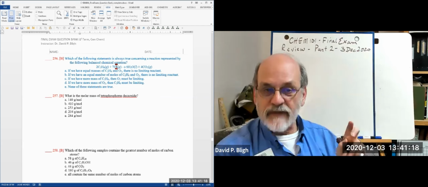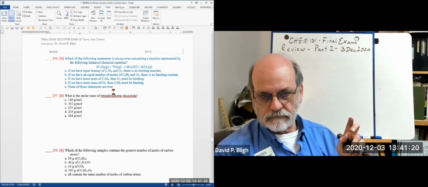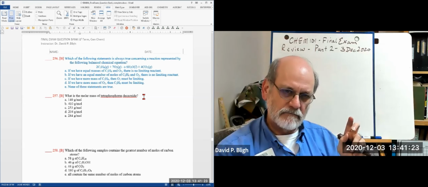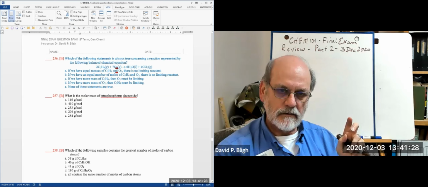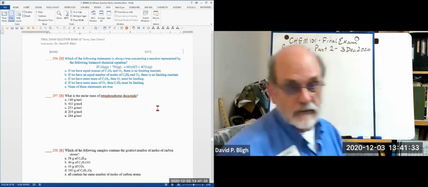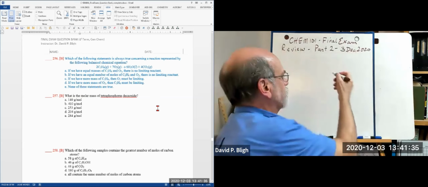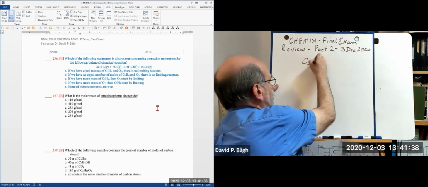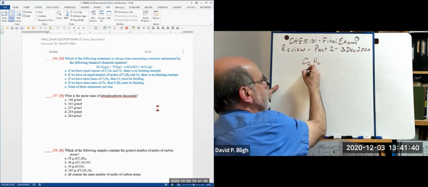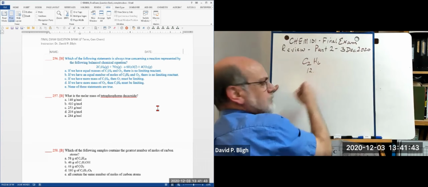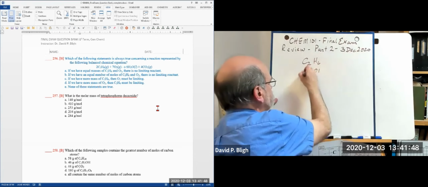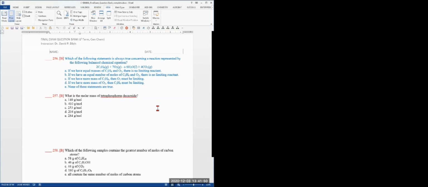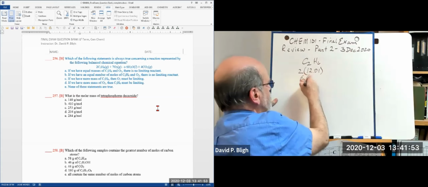Okay, that means, well, let's see, can we say that? If we have equal masses, we're going to have to do a calculation. So what's the molar mass of C2H6? Molar mass is 12.01 times 2, and then 6 times 1.01.